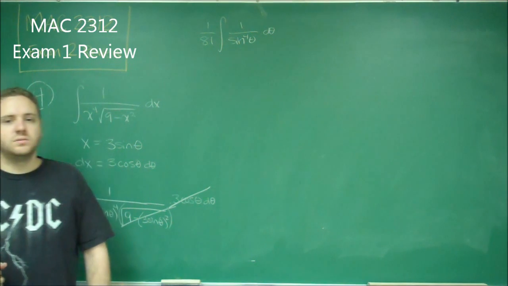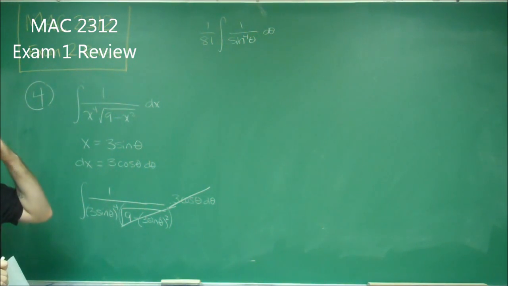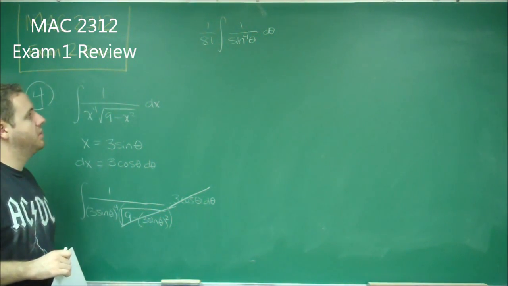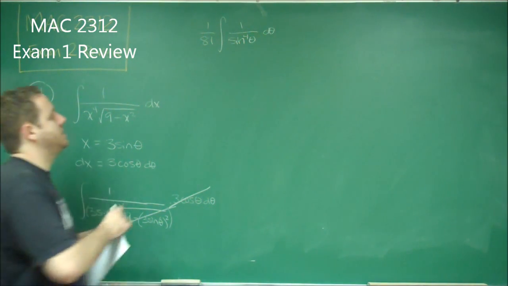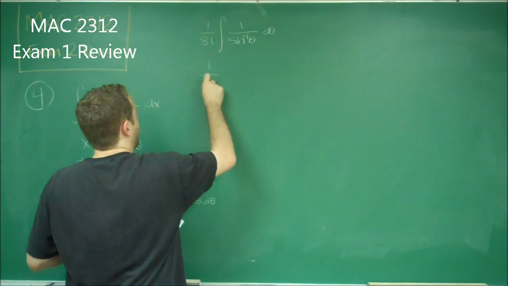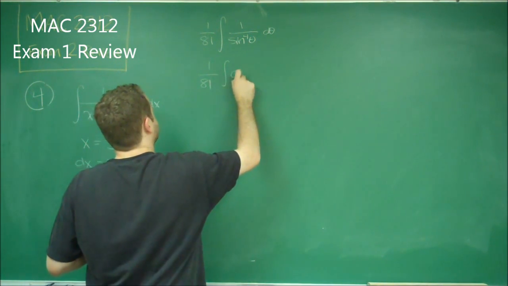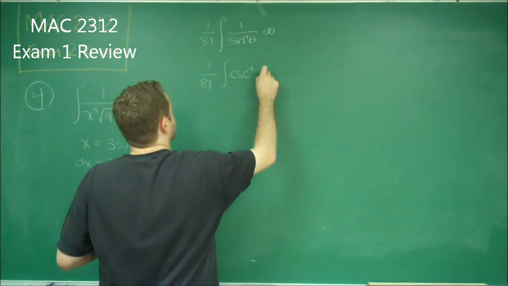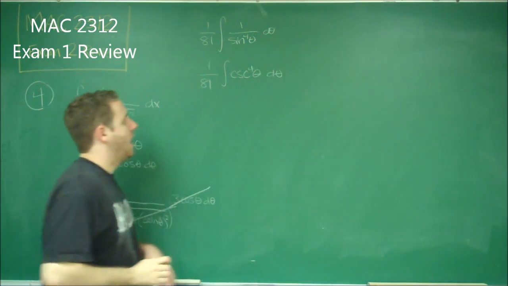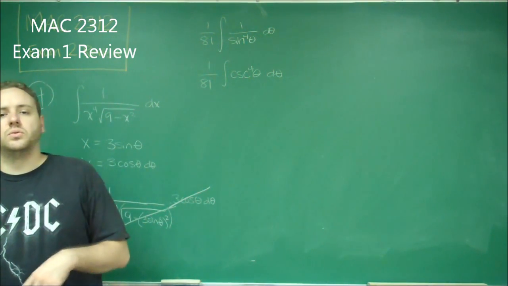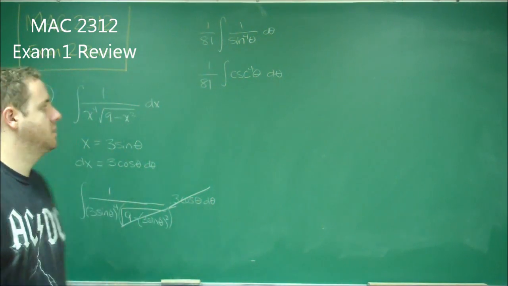So that integral is one in which we're going to need to do a couple of different things here. What we're going to do is treat it as cosecant to the 4th theta d theta. And we're going to use our rules to determine what we need to do here.